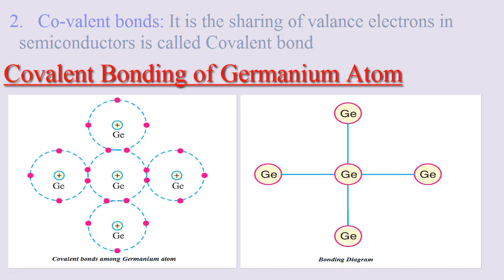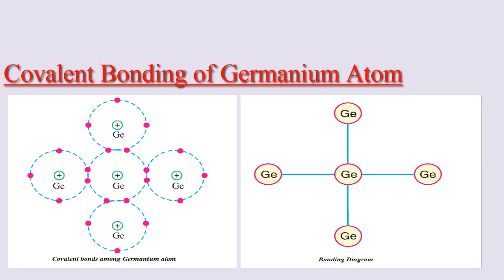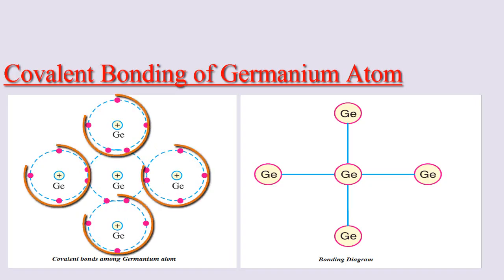However, in most of the substances, the last orbit is incomplete, that is, the last orbit does not have 8 electrons. This makes the atom active to enter into a bargain with other atoms to acquire 8 electrons in the last orbit. To do so, the atom may lose, gain, or share valence electrons with other atoms.